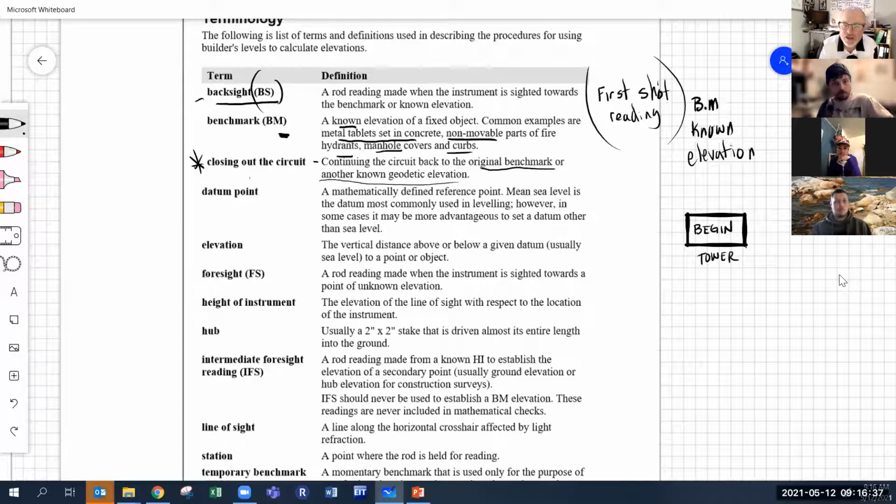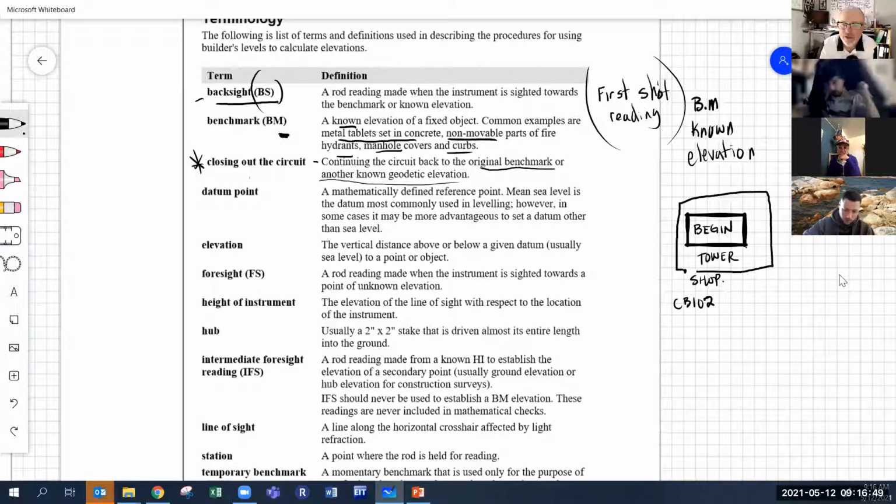And we are going to start at the shop doors of the shop of CB 102, and we're going to shoot all the way around the building. So we have to take different shots all the way around to close out the circuit. So that's what we're going to do. And there's different elevations around the backside of the building, etc. So it's fun to do, so to speak.